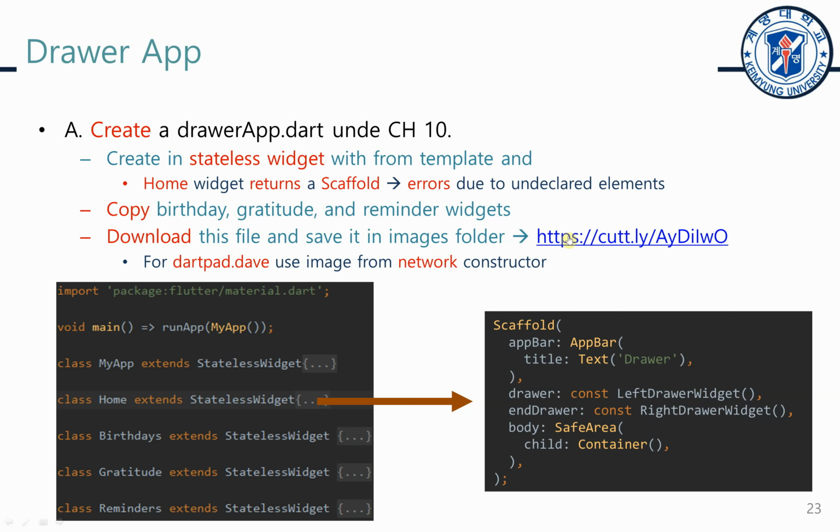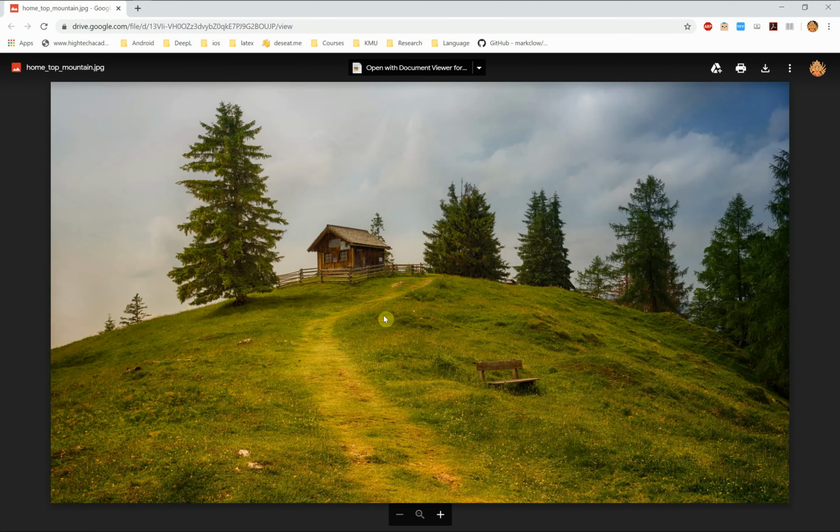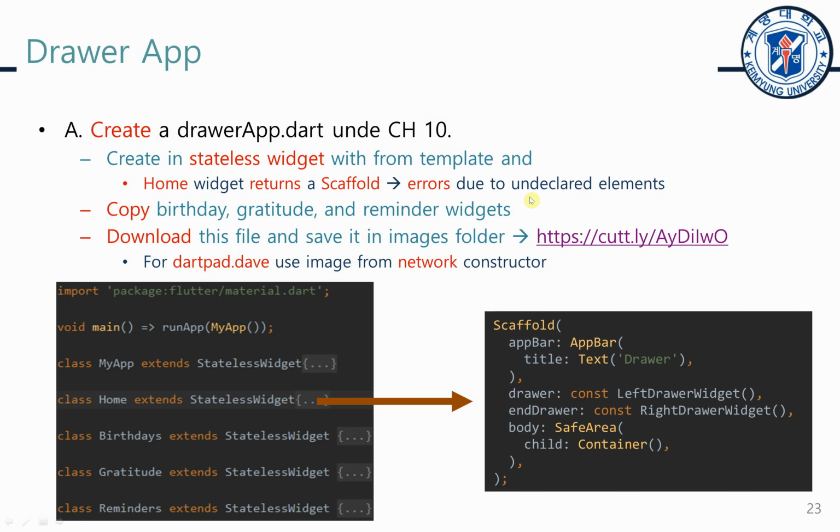So this is the file we're going to use later on. It is located in that link. So you just download. Hold on, it is still loading. Come on. So download this file, which is located at the link, and store it in the image folder we have created.